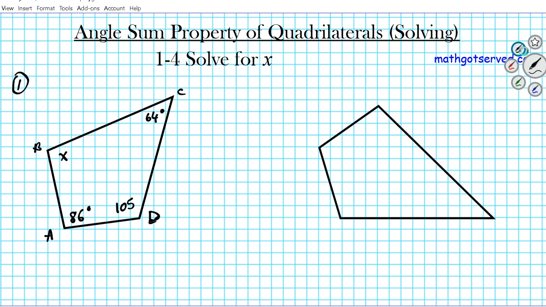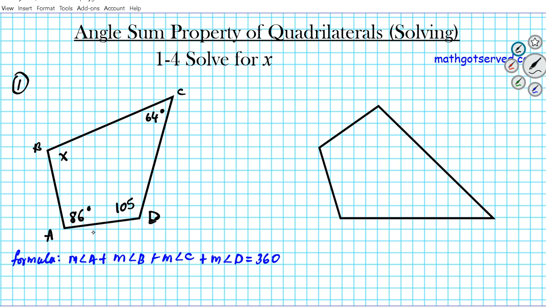What we're going to do first is write down the formula that's going to guide our problem solving process. In this case, we're looking at the angle sum property of quadrilaterals. So if we apply it here, we're going to have the measure of angle A plus the measure of angle B plus the measure of angle C plus the measure of angle D is equal to 360 degrees.